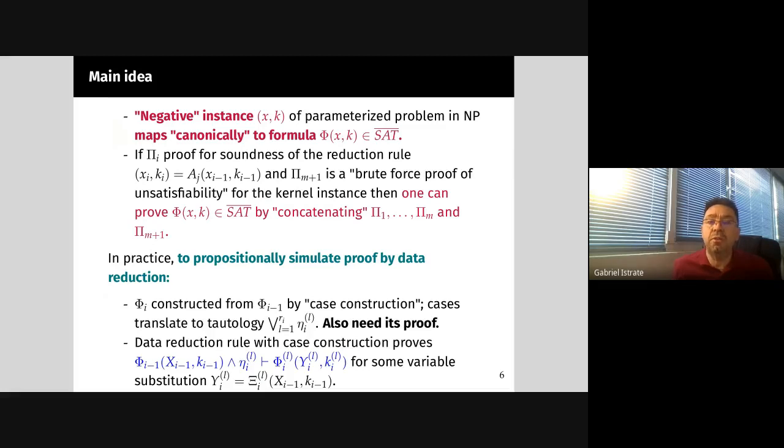And now let's consider a data reduction for a problem.